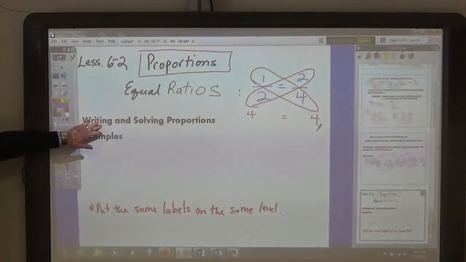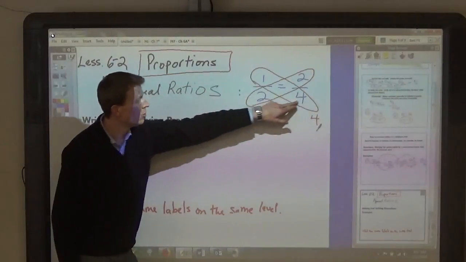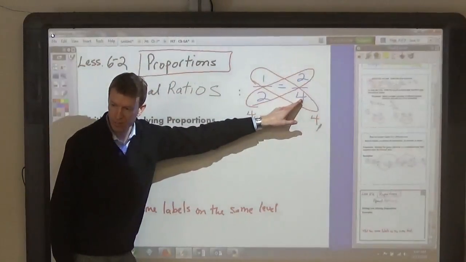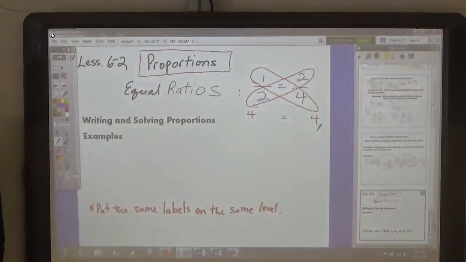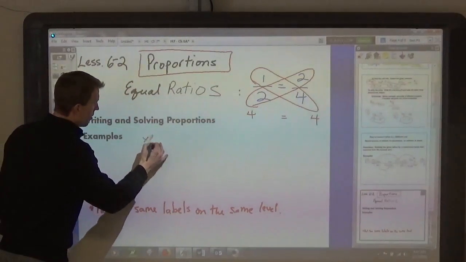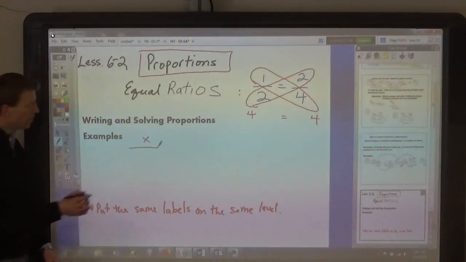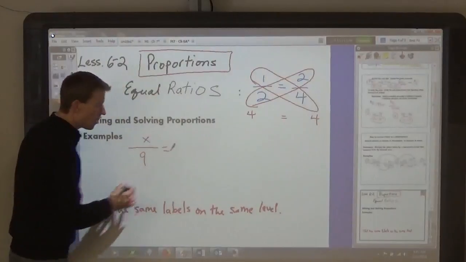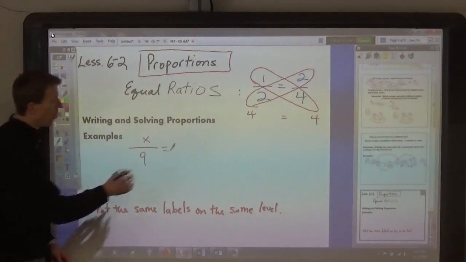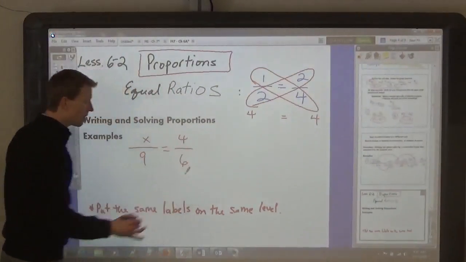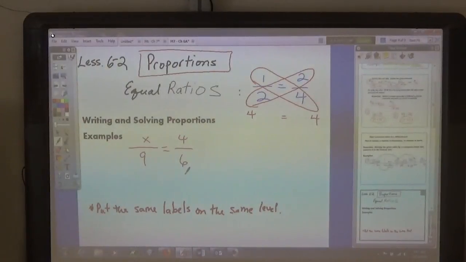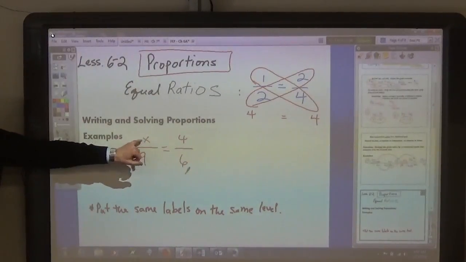Now, that means that if you know 3 of these numbers, you can find the 4th number. Okay? In other words, if one of the numbers was missing, like x over 9 equals 4 over 6, then you can find this number by using this concept.